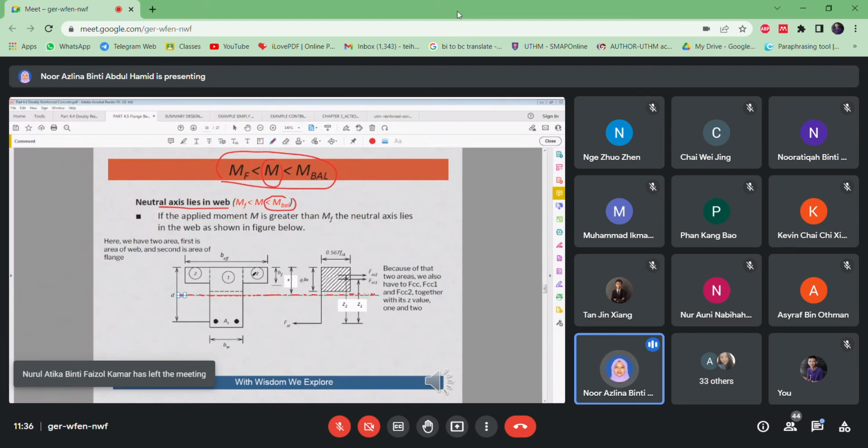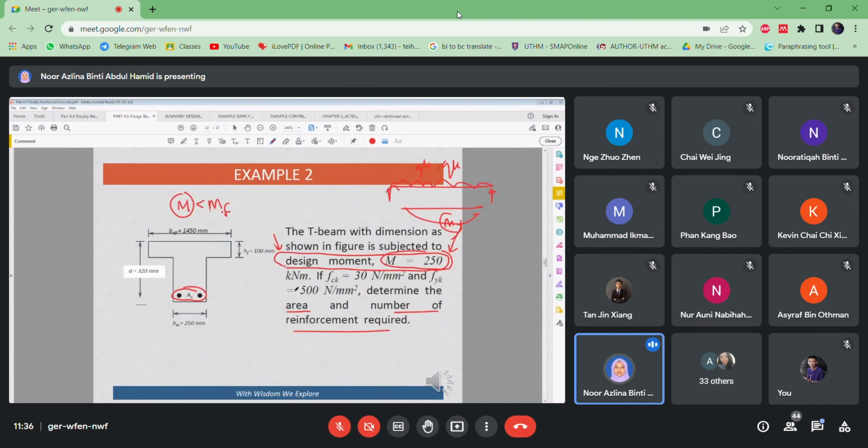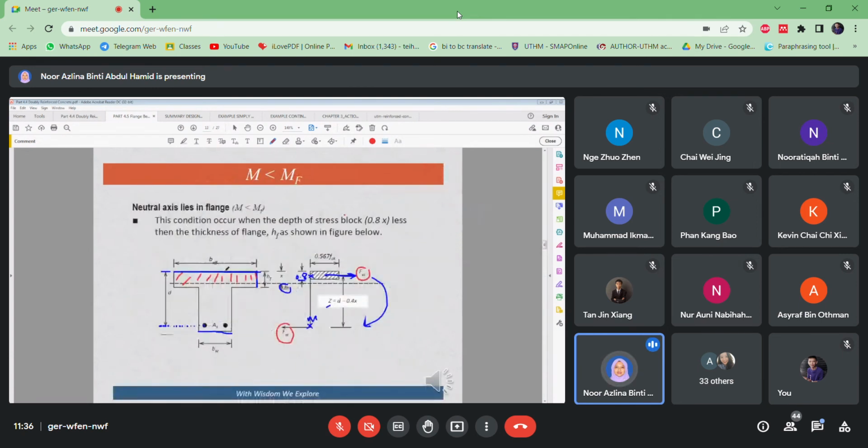There is the flange area, and there is also the web area included here. See? For the first case, for the whole area, the top one is from the flange. So that's why the force will be considered as an Fcc.